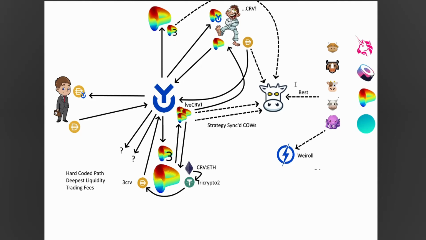So these two strategies can actually wait for each other to be ready and then perform this coincidence of wants harvest call, where they both basically just swap between each other, and then any leftover again is sent to the solvers, right?